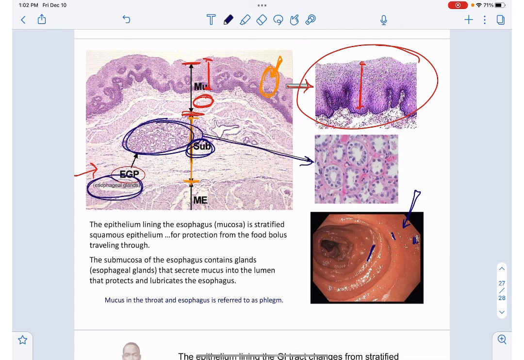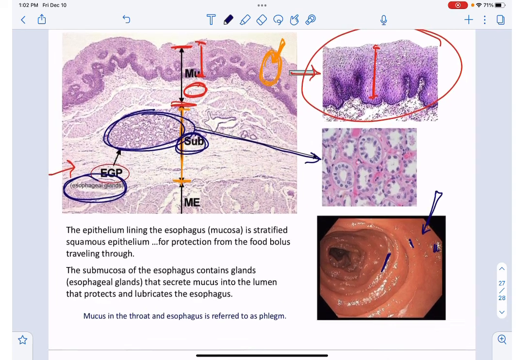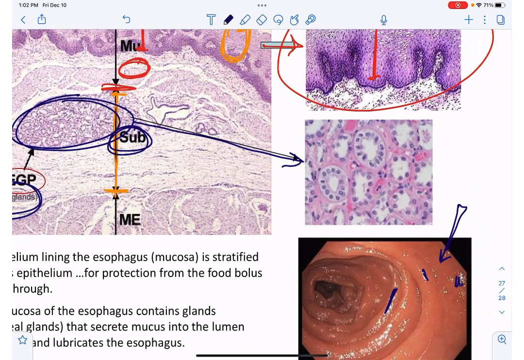And if we take a close look at those, these are the individual glands. And what type of epithelium is that that's going to produce this mucus?